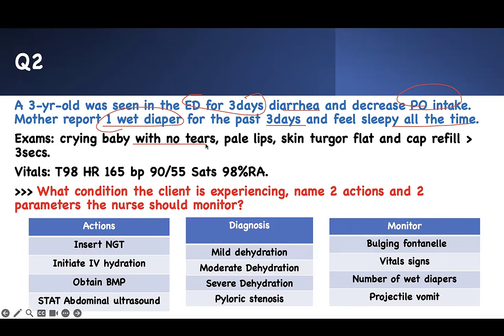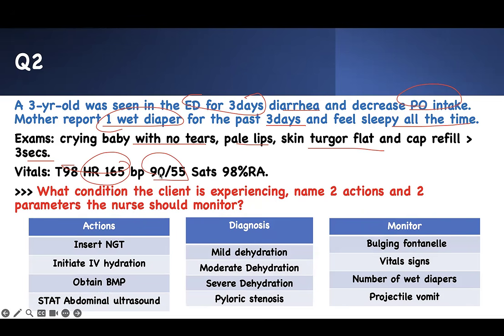If you're crying and not having any tears, something is wrong. Pale lips, consistent with dehydration. Skin turgor is flat, consistent with dehydration. Capillary refill is longer, consistent with dehydration. Tachycardia, 165, dehydration. Blood pressure low, dehydration.